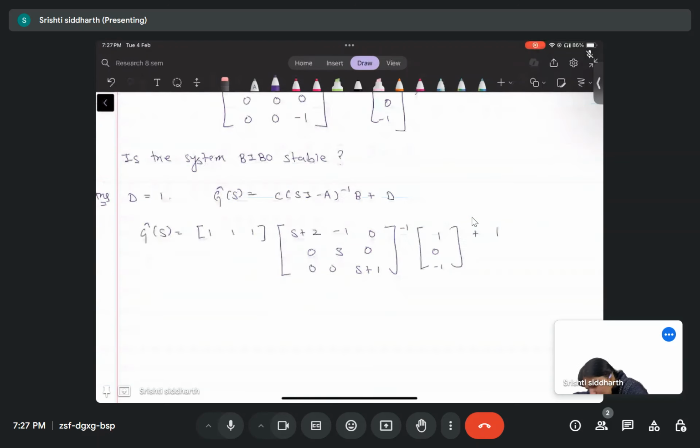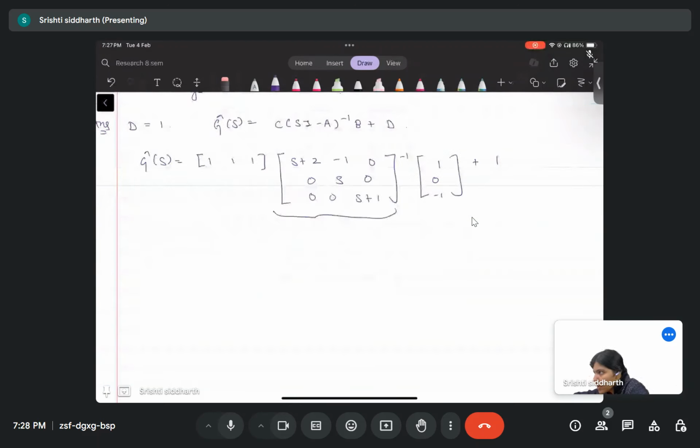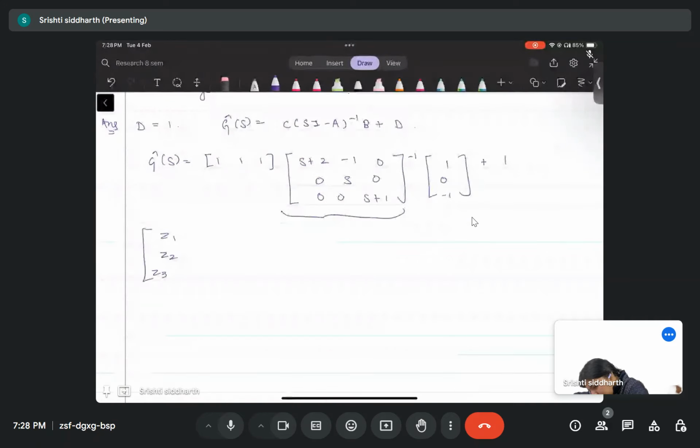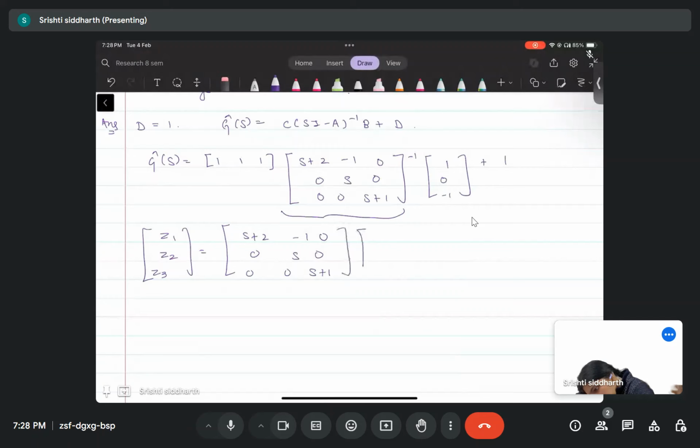Let's say we have Z1, Z2, Z3, which is going to be equal to (sI minus A) inverse times B. We know that this is going to be a 3 by 1 vector, because G hat of s is a scalar.